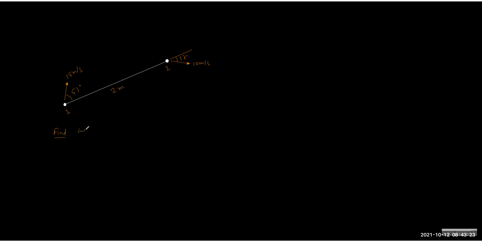So we have to solve this question. At a given instant, the separation is given to you. The particles 1 and 2, their velocities and the angles, everything is given to you. What you are supposed to find is omega relative.